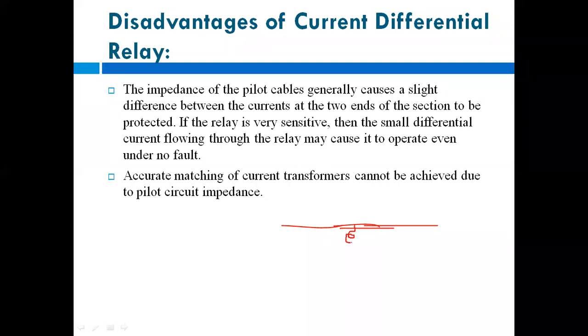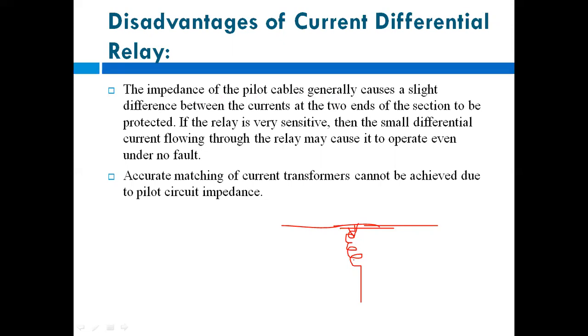This wire is also called the pilot wire, meaning whatever difference of current flows will flow through this only. So the impedance of the pilot cable generally causes a slight difference between the currents at the two ends of the section to be protected.